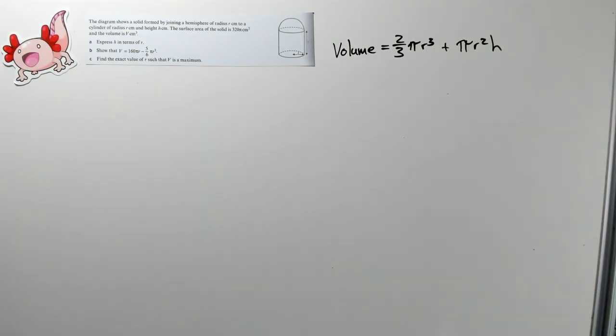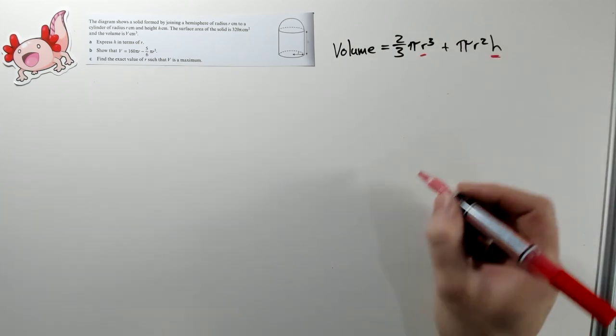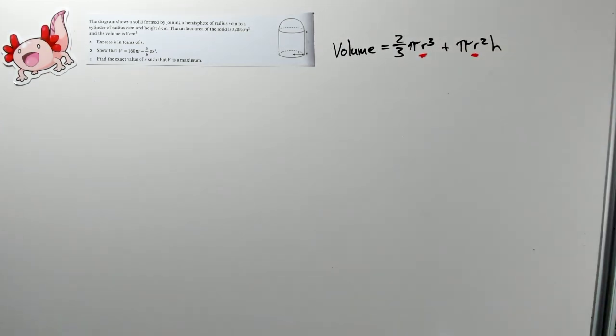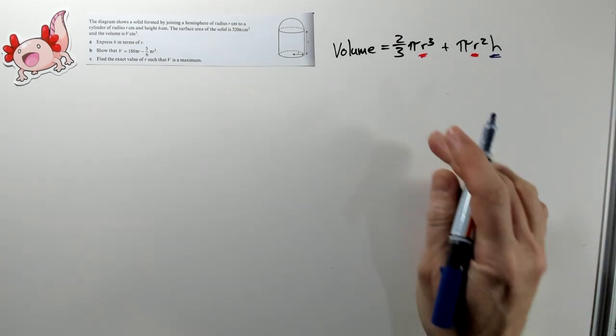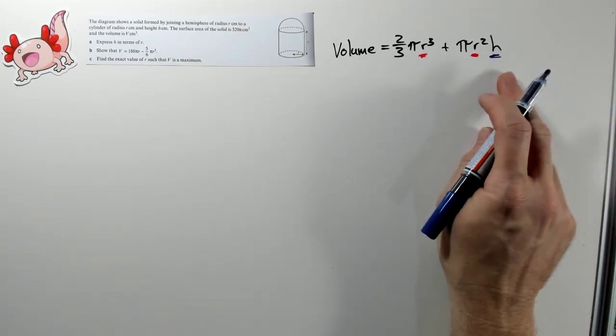So I'd write this, and then I'd spot that I have two different variables here: I have r's and I have h's. That's a problem, because I want to find a maximum, so I have to have the same variable throughout.